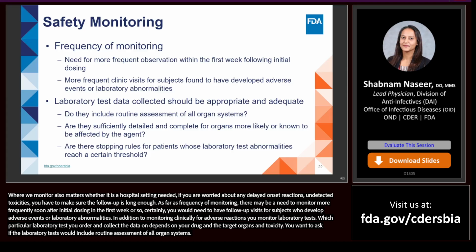Do we know enough about the drug such that you only need to assess specific organ systems? Are they sufficiently detailed laboratory tests that you can actually make an assessment of whether or not the drug is causing toxicity of those specific organs? And then lastly, are there stopping rules for patients whose laboratory test abnormalities reach a certain threshold?